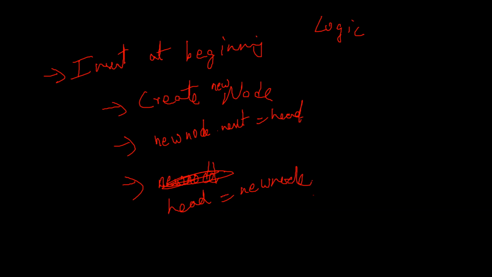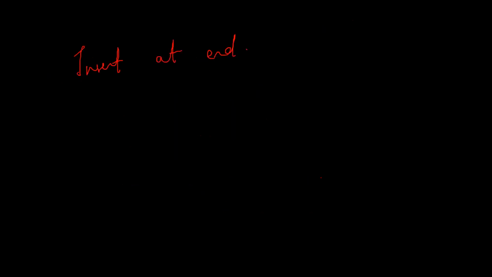Yeah, exactly. Great. So if at all I have to insert at the end, what should I do? Obviously, as usual, create new node. After creating new node, what should I do?